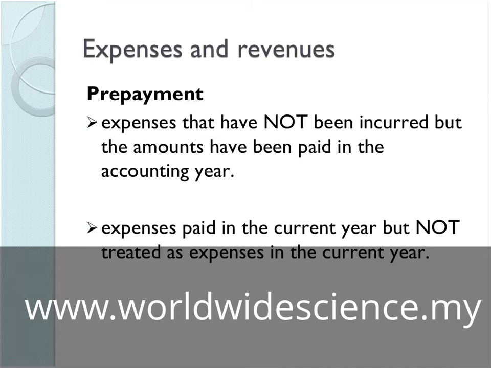You must remember, we call it a prepayment. It means this kind of expense we must pay in the next year, but we paid in this year. And we always show in the income statement as a prepayment. But we must show in our income statement because this expense is already made. We already paid by cash, for example.